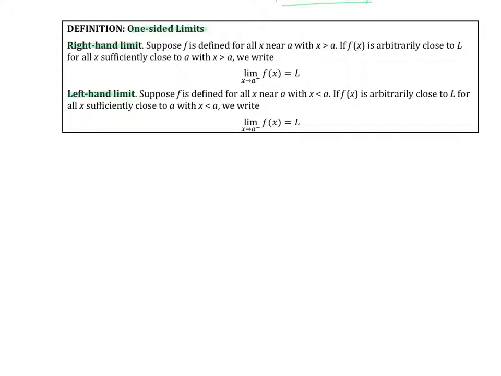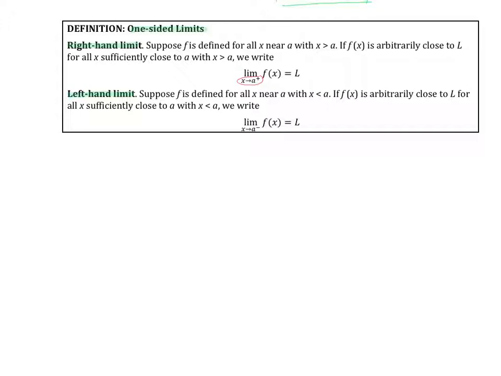The way that we denote that we're coming in from the right is, instead of our x value approaching a, our x value is going to be approaching a with a plus. So that plus means we're coming in from the right. Plus means we're looking at values that are larger than a.